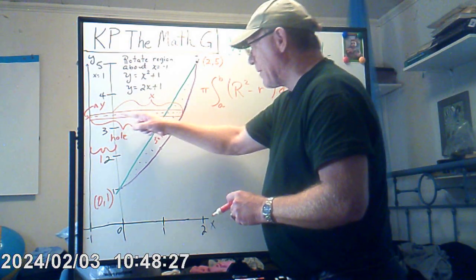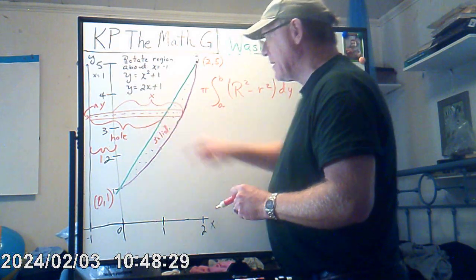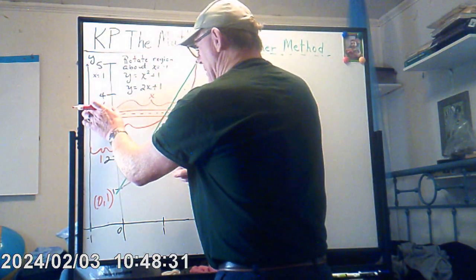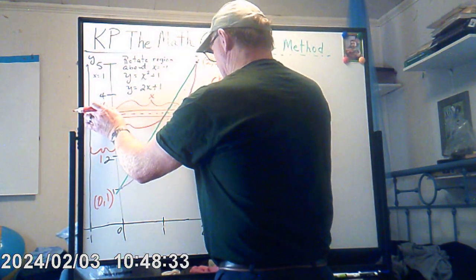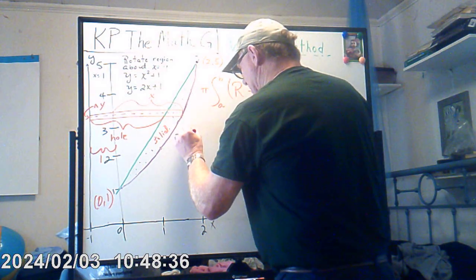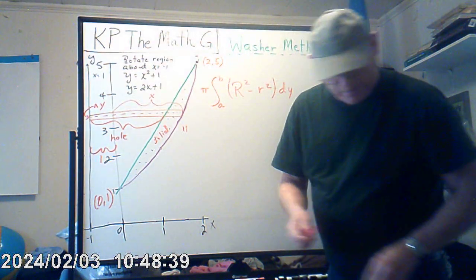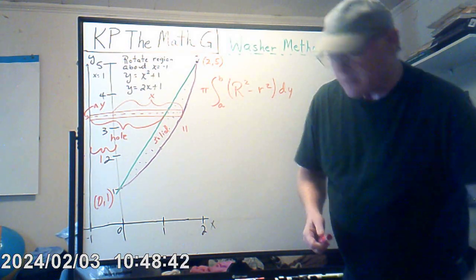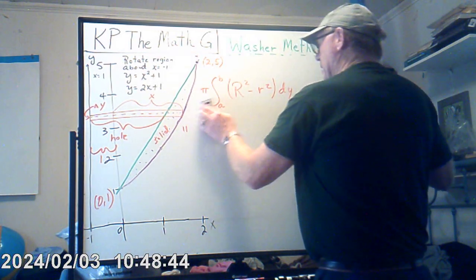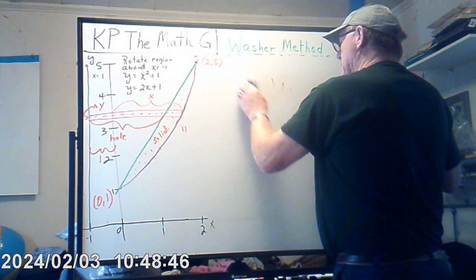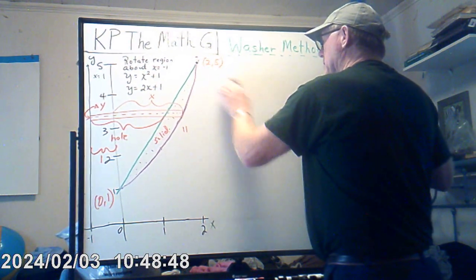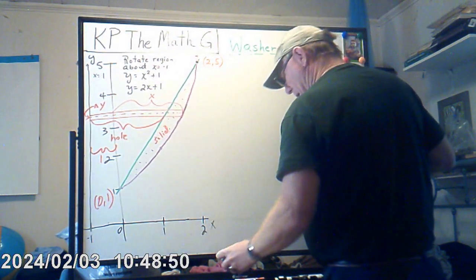All right, but first of all, let's just examine this. This distance is 1. This distance is x. Let me erase this other because I need all the room I can get on this. Let's put it up here.